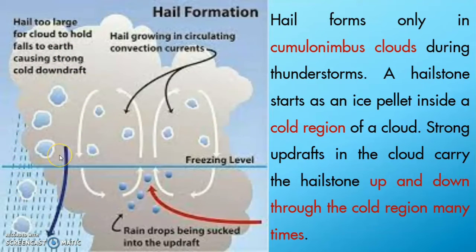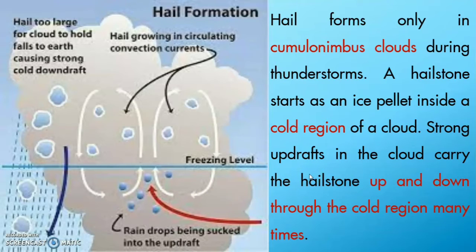Now what happens here is that during strong updrafts, that is during storms, a frozen droplet begins to fall from the cloud but is pushed back into the cloud by a strong updraft of wind.